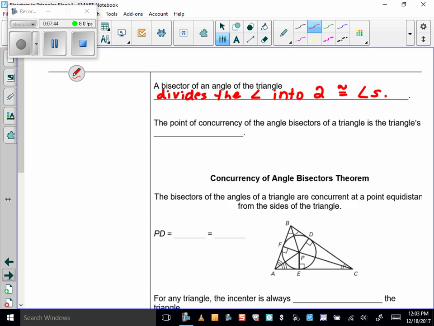Somehow I'm thinking that's not what I wanted to write in that blank, but I can't think of something different, so we're going to go with that. Okay, let's draw ourselves a triangle here. Of course, I can have three angle bisectors, so let's draw them in here.